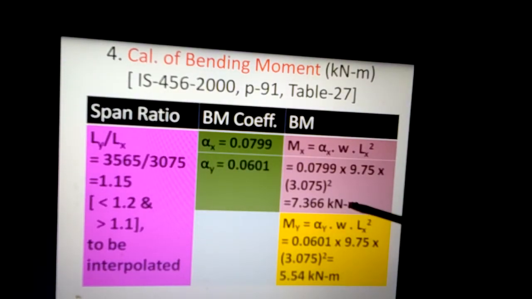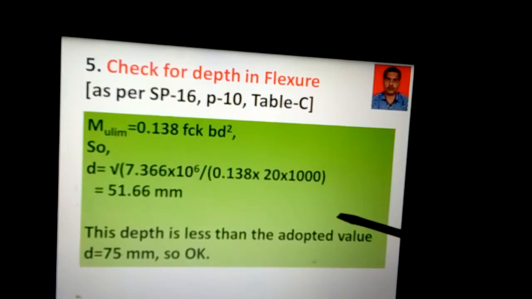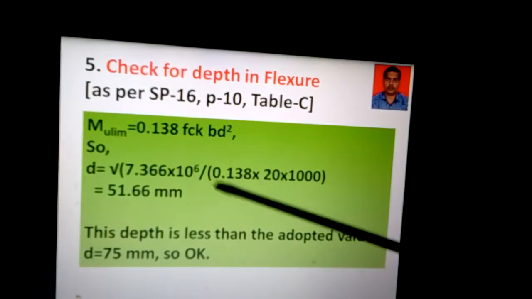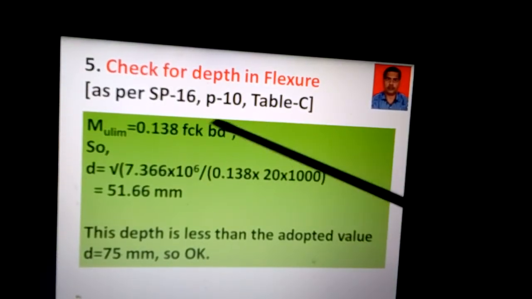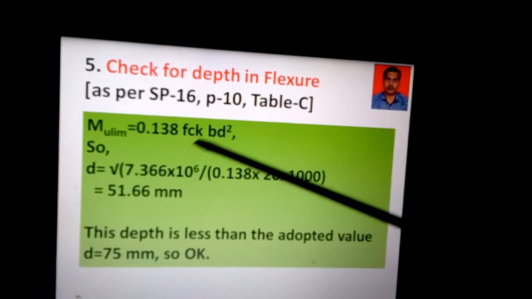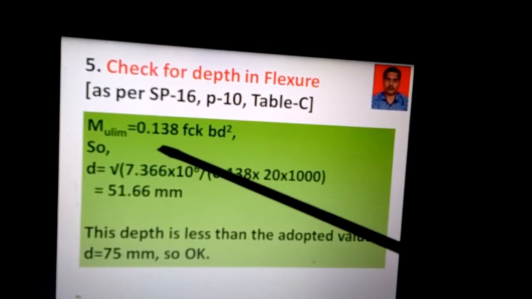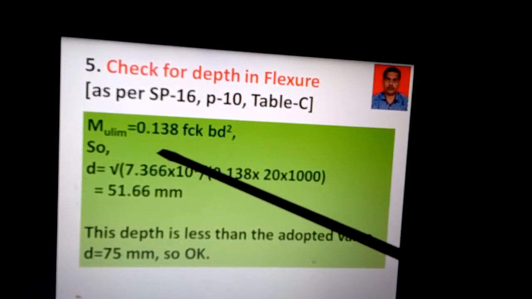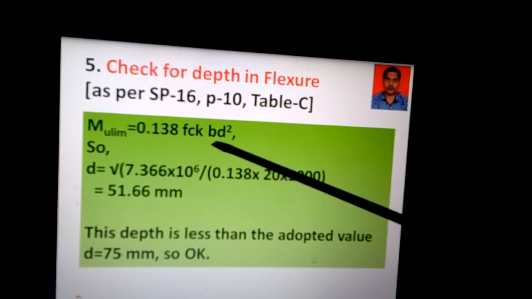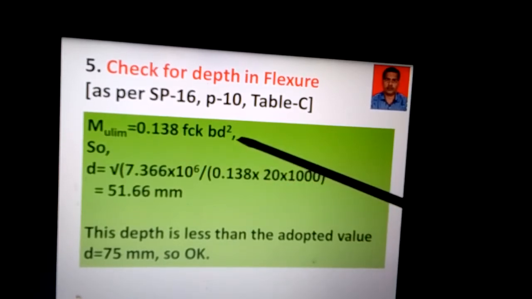7.366 kilonewton meter. For this higher bending moment value, we would check the slab for flexure and calculate the effective depth again. As per SP 16, page 10, table C, the given equation for Mu lim, that is the limiting value of moment of resistance, is 0.138 fck bd square for Fe415 steel grade.